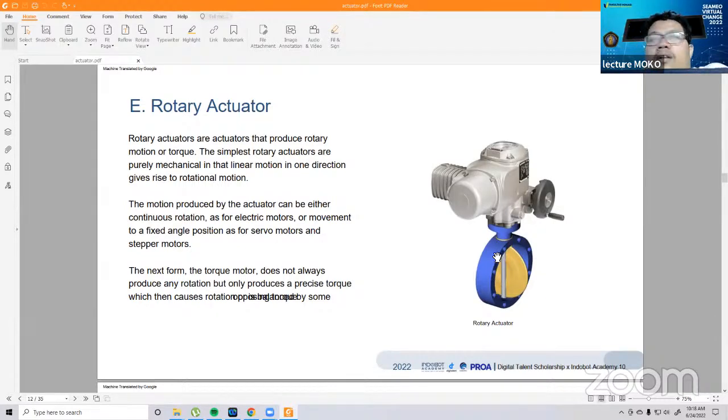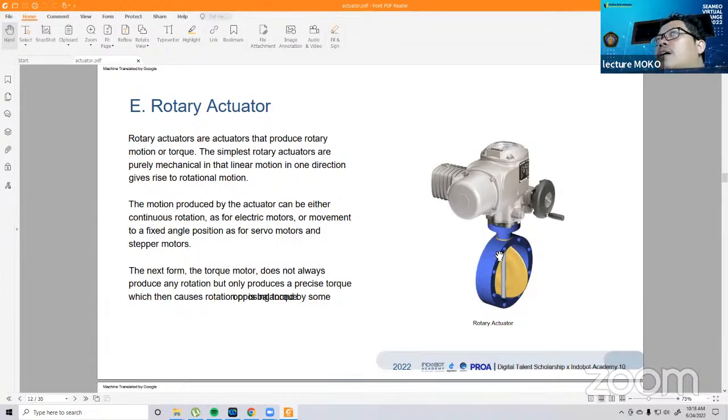So it is a vital and important actuator that many industries use for controlling a system. So there are two systems where we can find this device in industry.